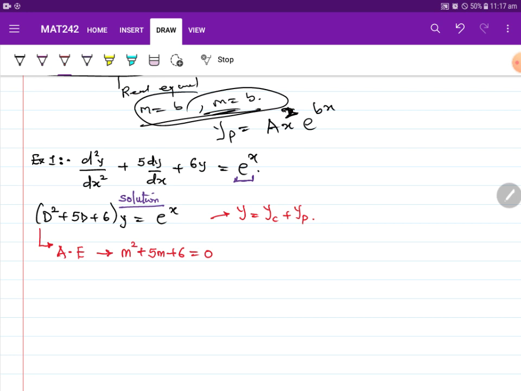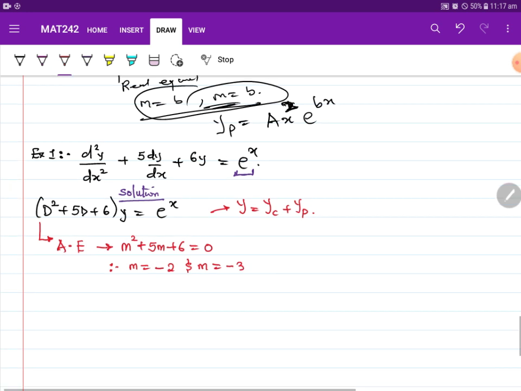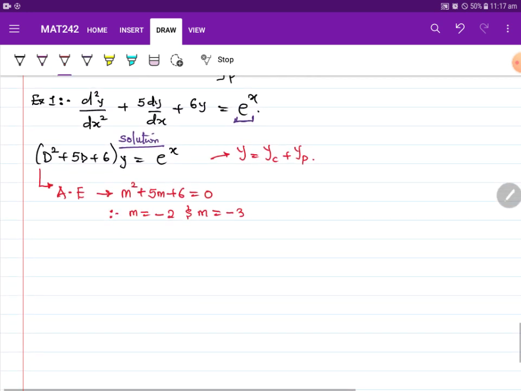Now, when we solve that quadratic equation, we end up having m to be equal to minus 2 and m to be equal to minus 3. Okay? Now, at this point, my yc is the same thing as a exponential minus 2x plus b exponential minus 3x.